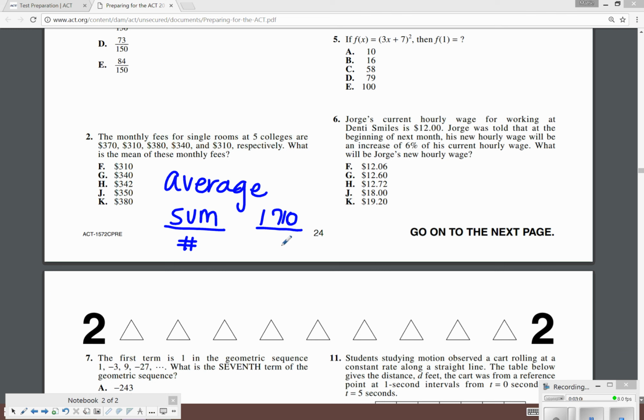And then divide that by how many rooms we looked at. It said there were at 5 different colleges, so I'm going to divide that by 5. So 1710 divided by 5, which is 342. So on average, the single room at a university costs $342, which is choice H.